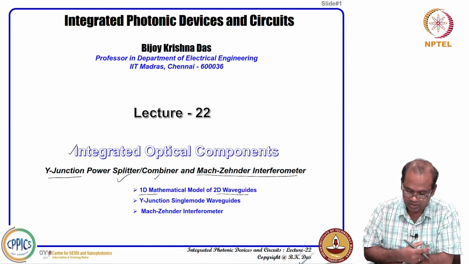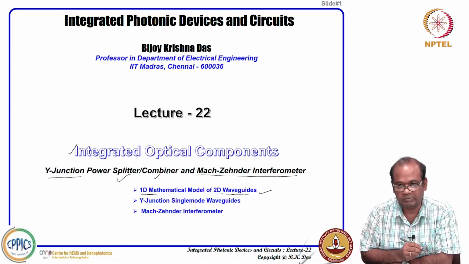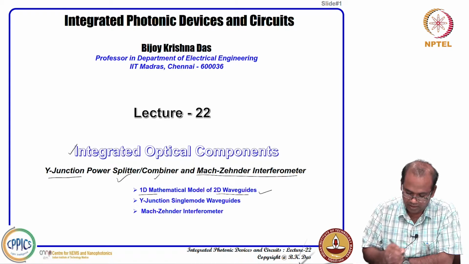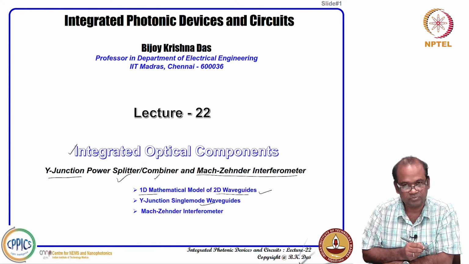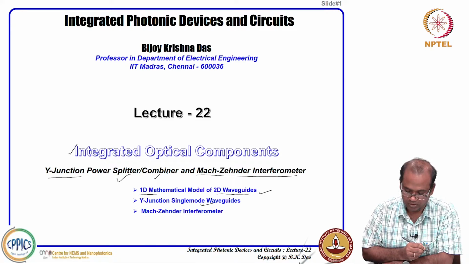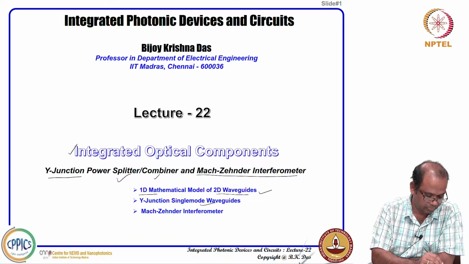So, as I mentioned here, it is a 1D mathematical model of a 2D waveguide. And then based on that I will try to explain the working principle of the Y-junction based on single mode waveguides. And then finally, I will be discussing the Mach-Zehnder interferometer.